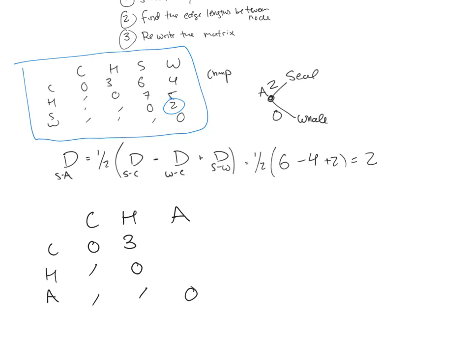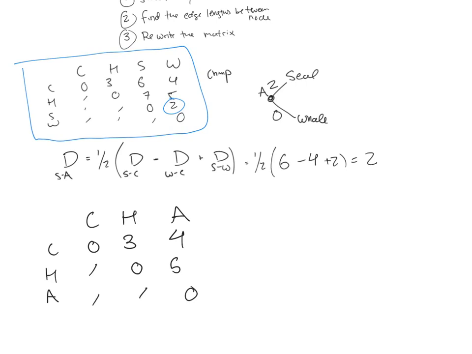Now to find the distance between chimp and A, we know that, for example, chimp and seal were 6 apart, and A is 2 away from seal, which means the distance between chimp and A must be 6 minus 2, or 4. Same thing with the distance between human and A. Human was 7 away from seal, so now it's 5 away from A. So there's our new matrix.